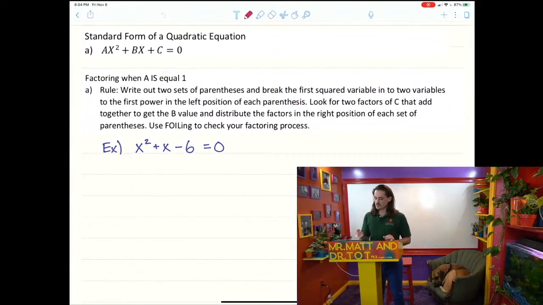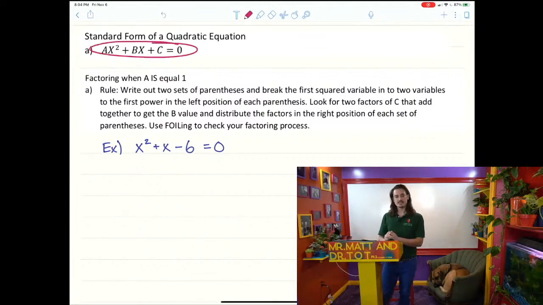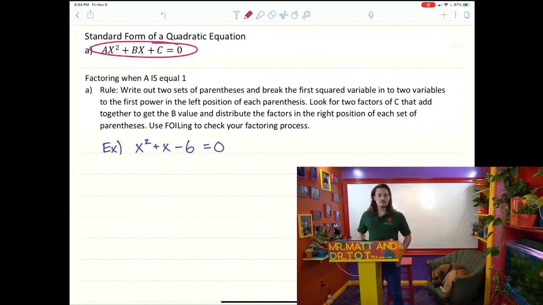The standard form of any quadratic is ax squared plus bx plus c is equal to 0, where a and b are coefficients and c is a constant value. The general rule, the more simplified form of factoring, is when we consider two factors of c that add together to get b.